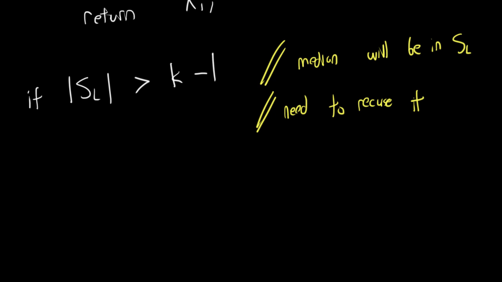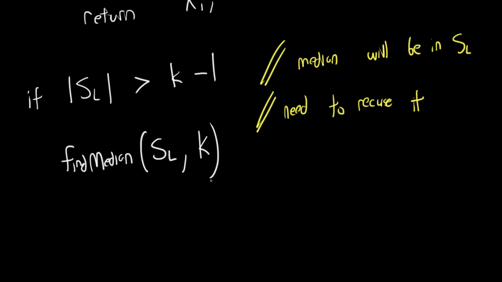We are going to use our find median algorithm and call it on SL, the left-hand side set, so all the values on the left. And we are still going to put k, because we're still looking for the kth item. So we keep moving in this direction.